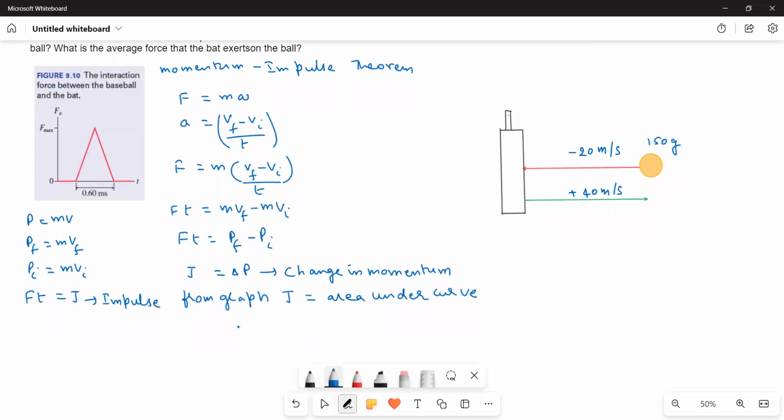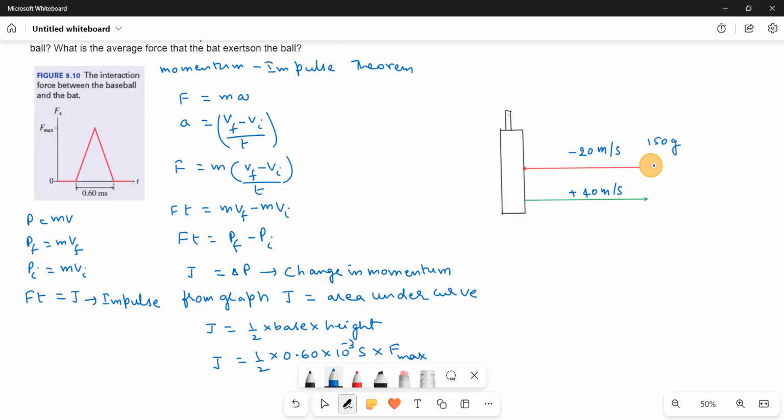So J is equal to area under the curve, which means half base into height. Here, the base is 0.60 milliseconds. Milliseconds means 10 to the power of minus 3 seconds. And the height is given as Fmax. Up to this, we know something about the impulse.